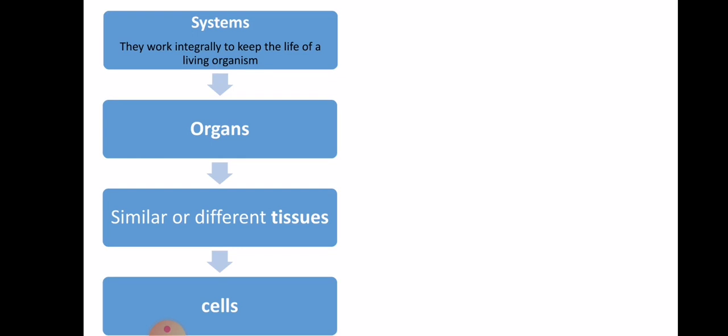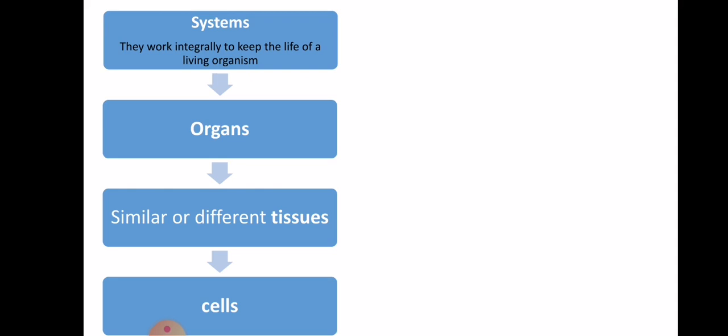So all these systems work together to keep the life of the human organism. If any system stops doing its work, the human will die. So all these systems work together to keep the life of the living organism.